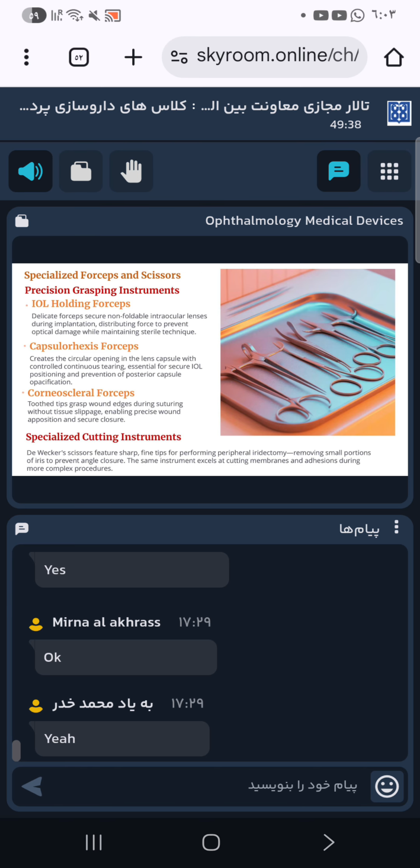It could help us with precision wound apposition and secure closure. So corneoscleral forceps are tooth-headed and they are used to control the wound edges during the suturing so that you control tissue damage. Okay. We also have a specialized cutting instrument.